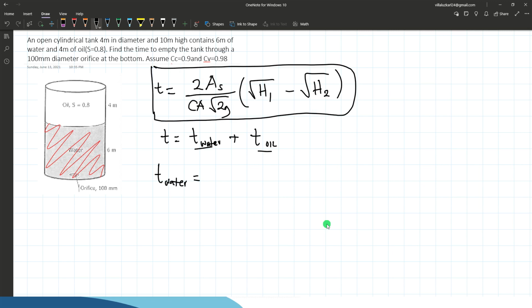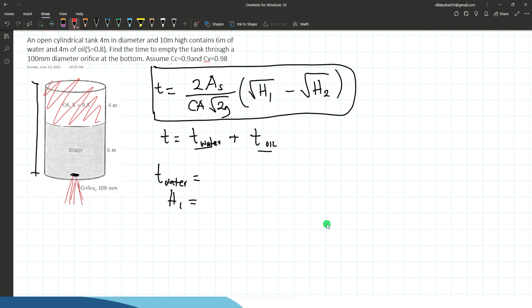So for the total time for the water to come out of this container, our H1, or the initial depth of the liquid, shall be measured from the opening of the orifice up to the uppermost portion of the total contained liquid, because the oil above the water also contributes to the pressure that will make the water come out of this orifice.